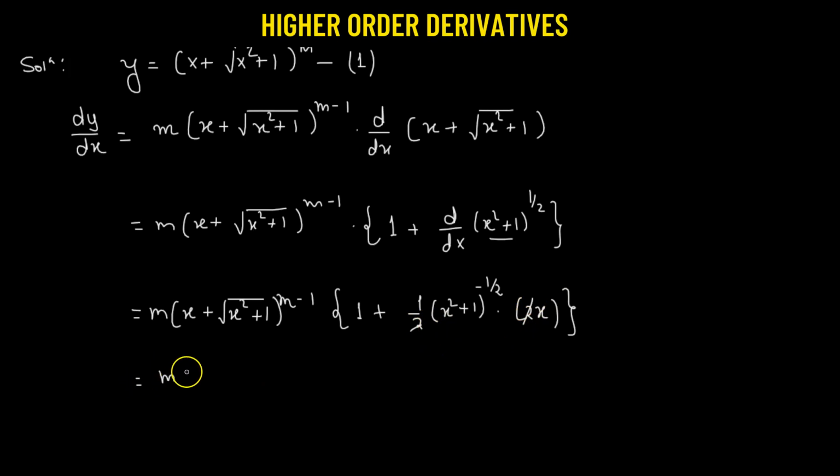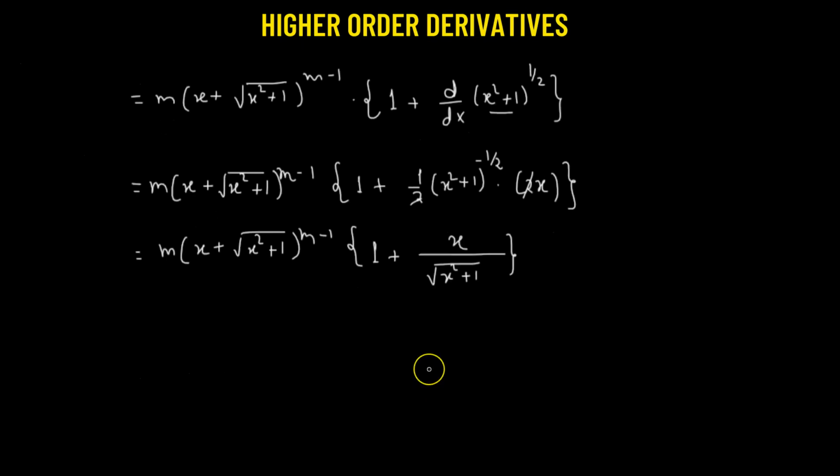Now that gives us m times (x plus square root of x squared plus 1) whole thing raised to the power of m minus 1 multiplied to 1 plus x divided by square root of x squared plus 1. So here we have taken (x squared plus 1) raised to the power of negative half to the denominator and converted the exponent to its radical form.